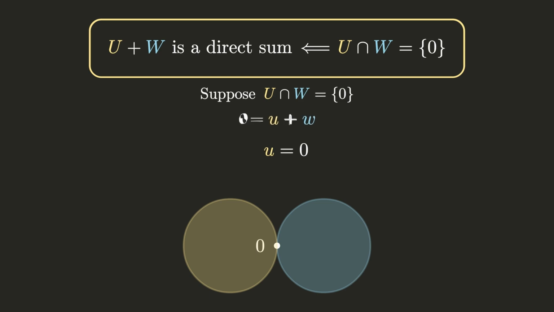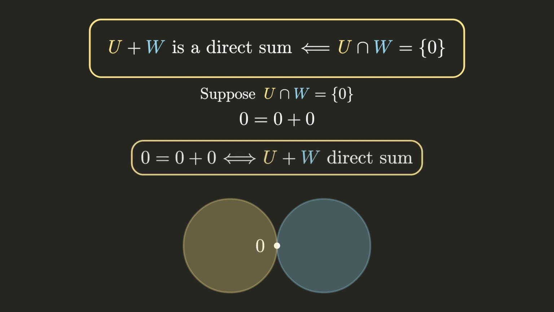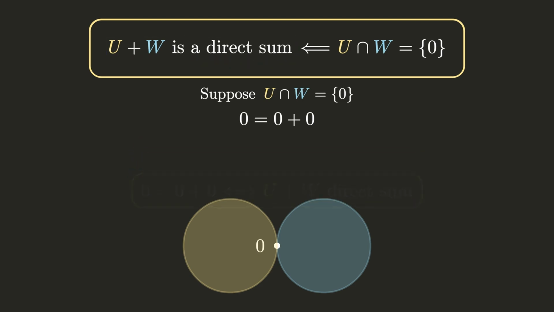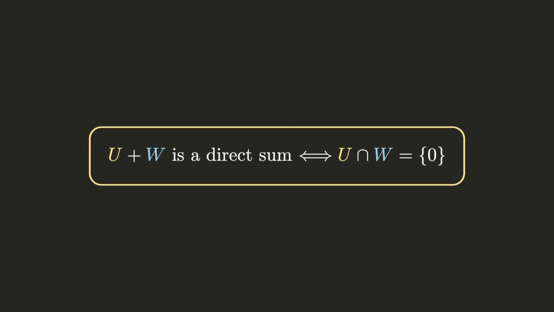Plugging this back into our assumption, we have u and w both equal 0. So we've proven 0 plus 0 is the only way to sum up to 0. According to our previous theorem, U plus W is indeed a direct sum, completing the other direction of the proof. Therefore, we've proven that the intersection being the 0 set is equivalent to U plus W being a direct sum.